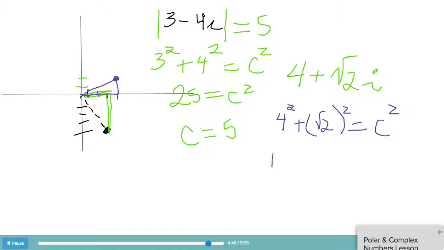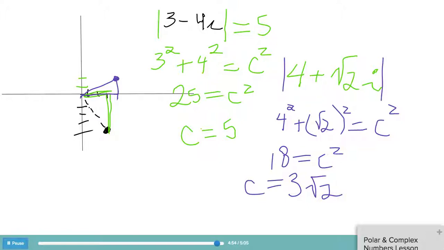So 16 plus 2 is 18. So c is 3 root 2. So the absolute value of this thing is 3 root 2.